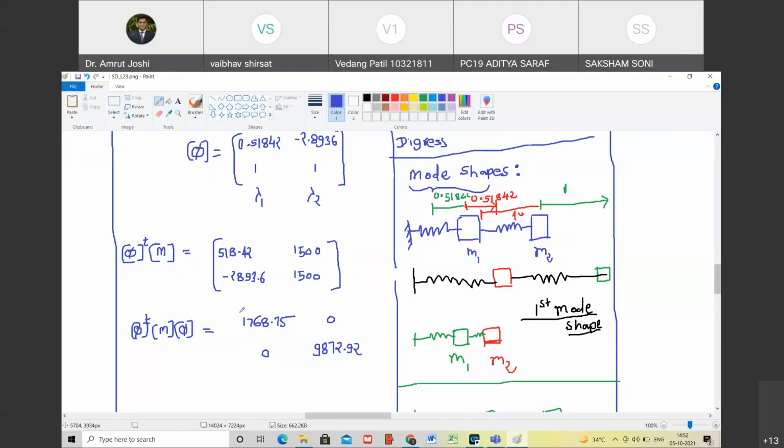Are you with me? Yes. So this is a diagonal matrix, phi transpose M phi.